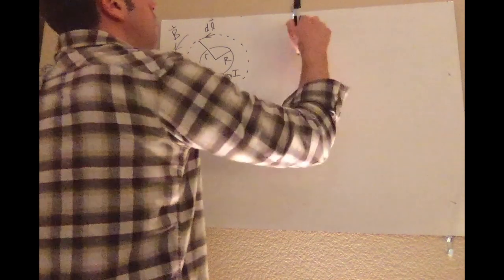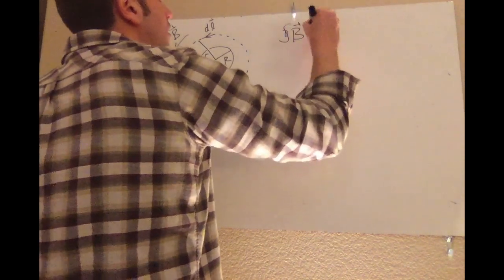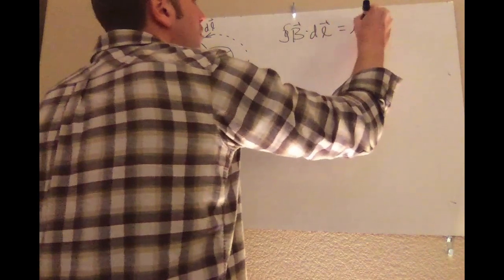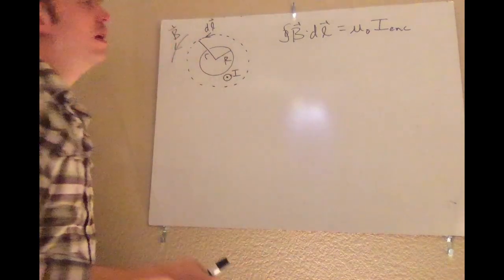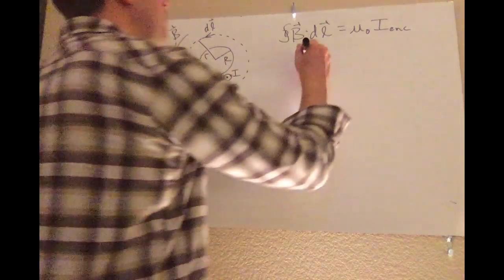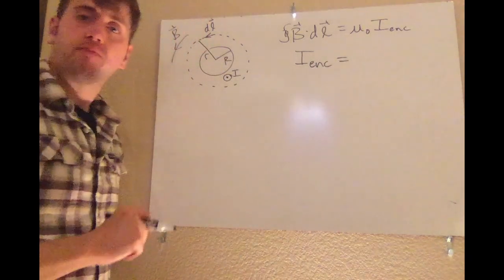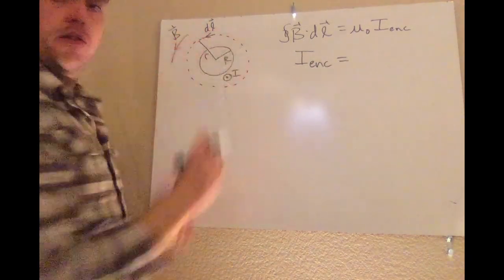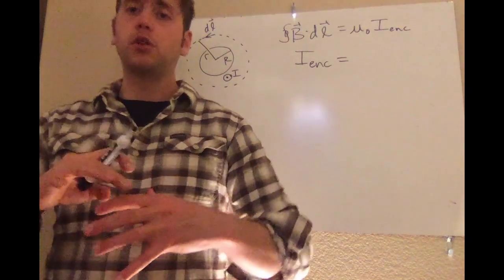Okay, so we're using Ampere's law, B dot dl is equal to mu naught times I enclosed, to figure out what this magnetic field is. And the nice thing is that I enclosed is super easy to think about. Since we're not inside of the wire and only partially enclosing the current, we're outside of the wire, so we're enclosing all of it.